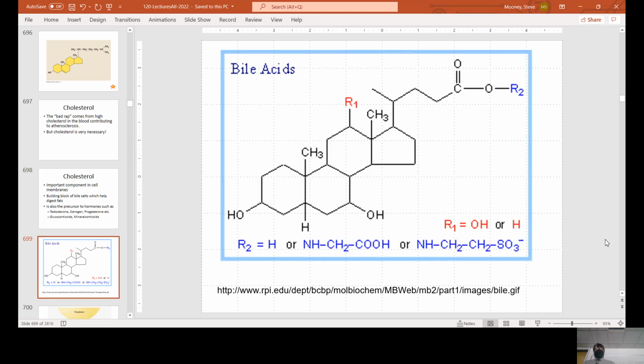So bile salts, we're adding some stuff here, getting rid of that double bond, changing some things out, making sure that we have some charges associated with that bile salt that are going to help break up, emulsify that fat.